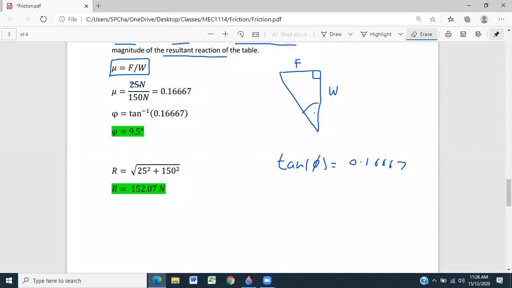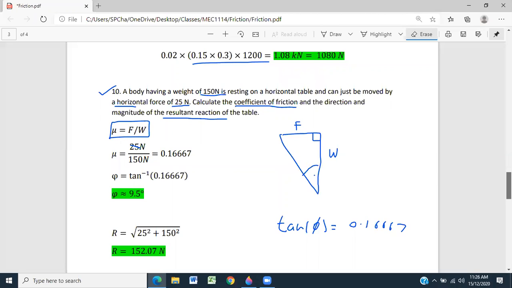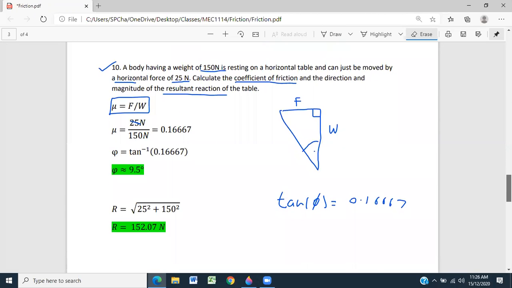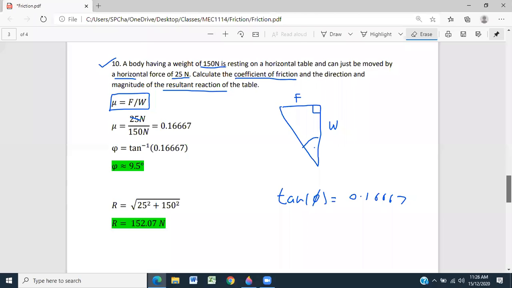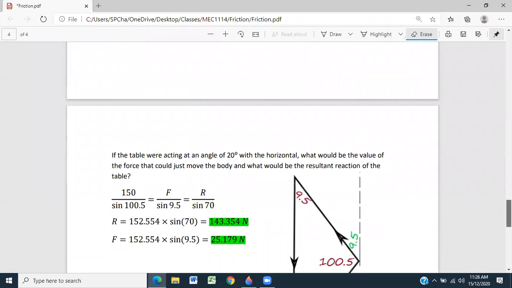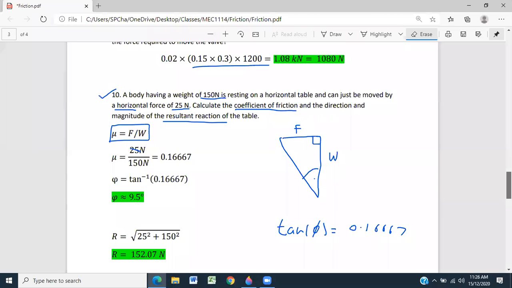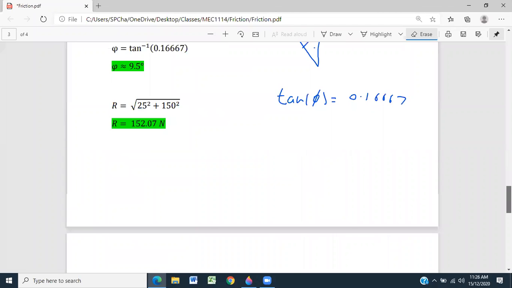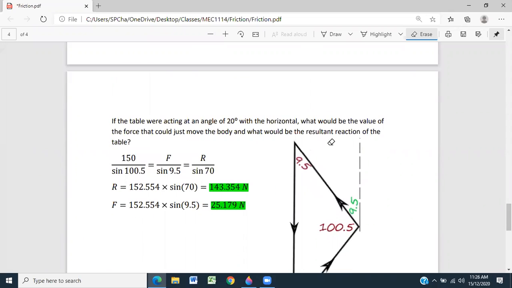Good. No questions? This is simple, at least this part. Now, the second part of number 10 is a bit more complicated. Same question, same weight, but a continuation.